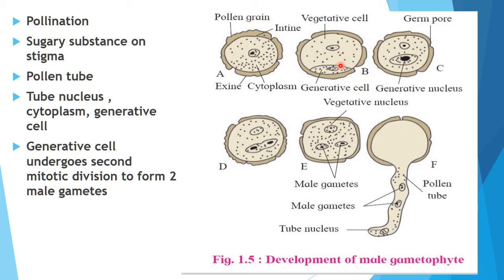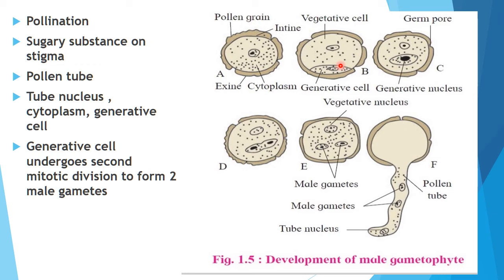You know, pollination means the pollen grains from the anther fall onto the stigma of the carpel, the female reproductive whorl. That is pollination. After pollination, on the stigma there is a sugary substance.